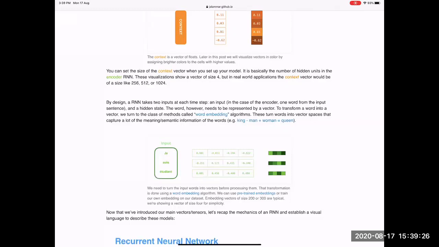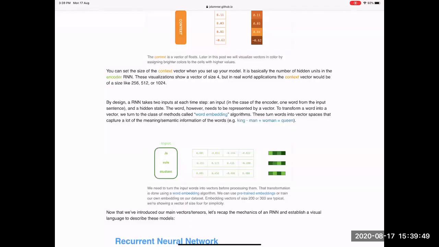If I have an embedding of king, an embedding of man, and an embedding of woman, and I take king's embedding minus man's embedding and add woman's embedding, it has to come out very similar to the embedding of queen. So word embeddings are not readily available for us.